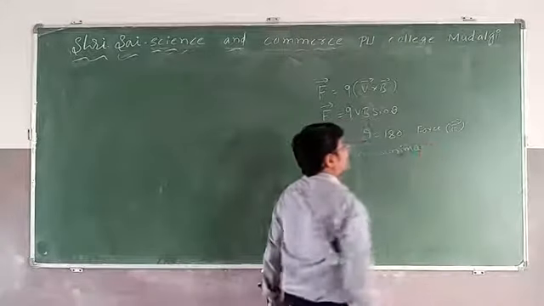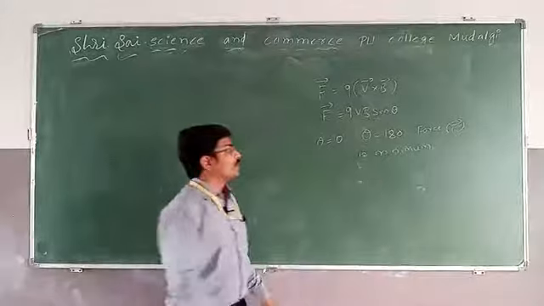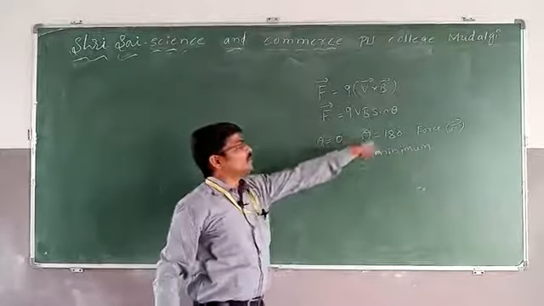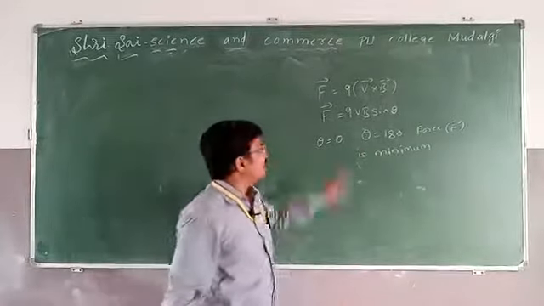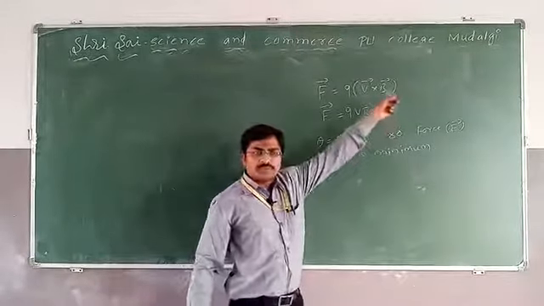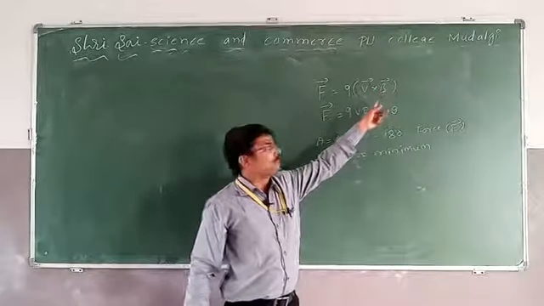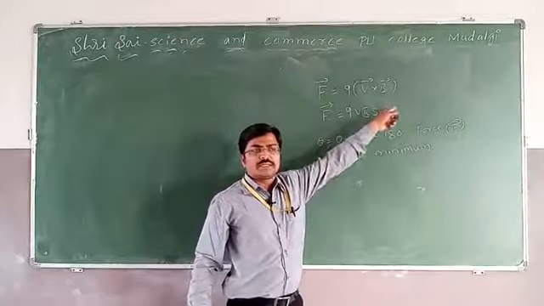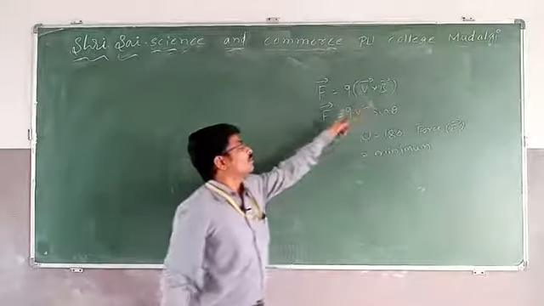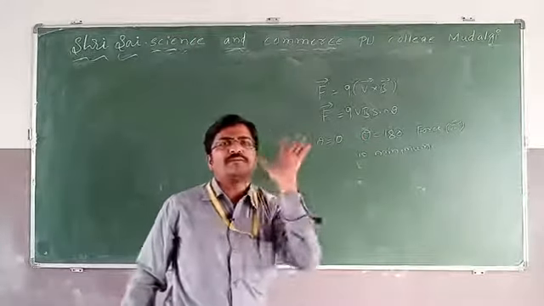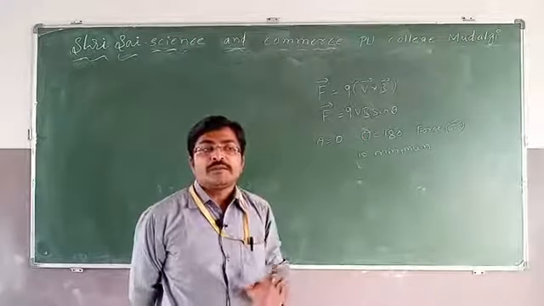See, when theta is equal to 0, sin theta becomes sin 0, which is 0. Therefore the total value is 0, F is 0. Therefore the minimum value of the force occurs when theta is 0.